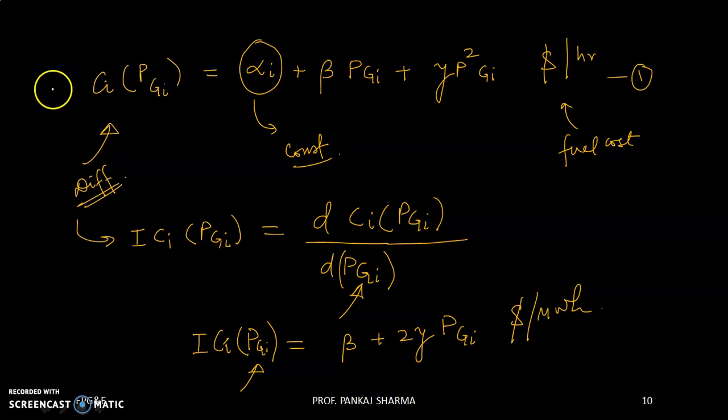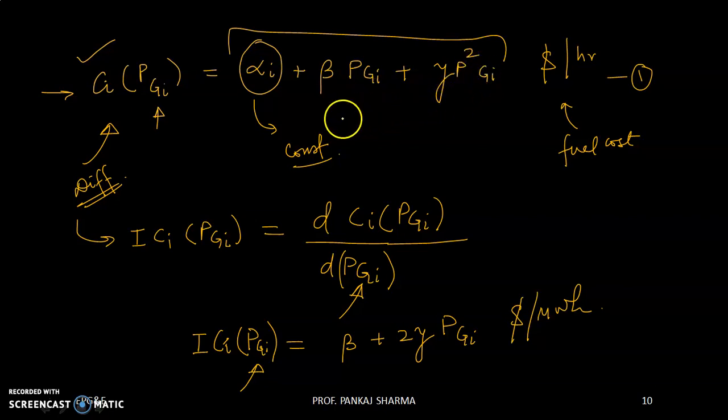Now let us have a quick revision of this section. This is your cost function of the ith generator. This generator is generating power PGi in quadratic terms, that is alpha i plus beta i PGi plus gamma i PGi square.